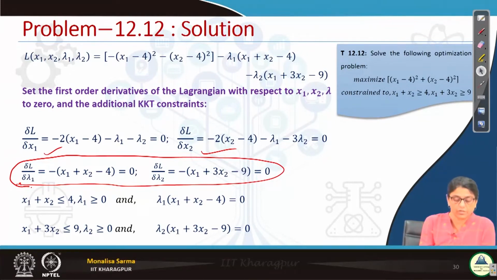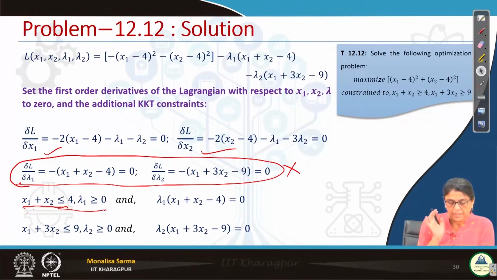For equality constraints only we differentiate with the dummy parameter. So for inequality we don't differentiate this. Then what are the other KKT conditions? The other KKT conditions are the inequality constraints that are already there. So these are the inequality constraints.